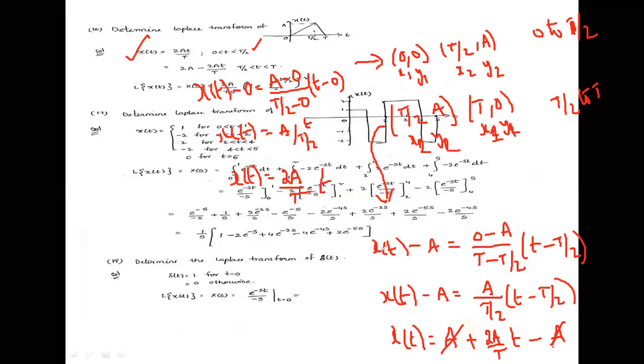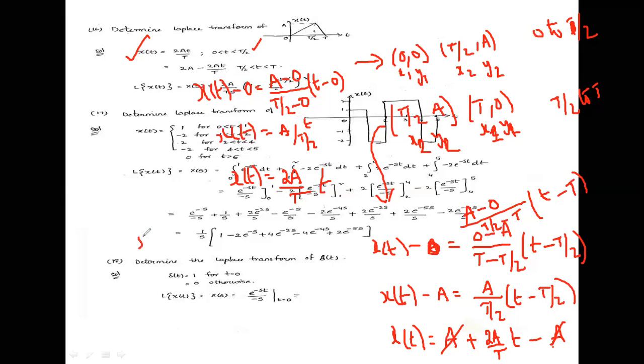I can find x of t as y minus y1 is a, y minus y1 as a, is equal to y2 minus y1, where y2 is 0 and y1 is a, over x2, which is T by 2, minus T, and the x minus x1 is capital T.